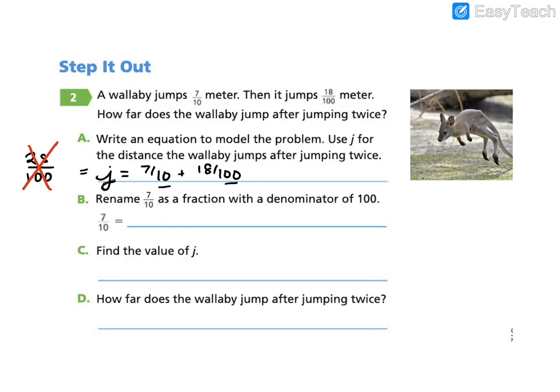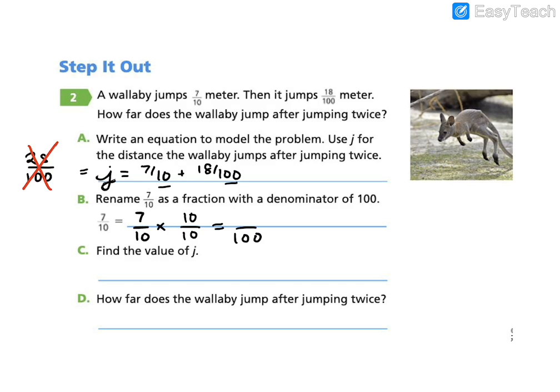Give myself more space here. So I have my 7/10, and I need to get my denominator to be 100. I need to change the size of pieces in 7/10. If I multiply my denominator by 10, then I also must multiply my numerator. Remember, I'm multiplying by a fraction equivalent to 1.